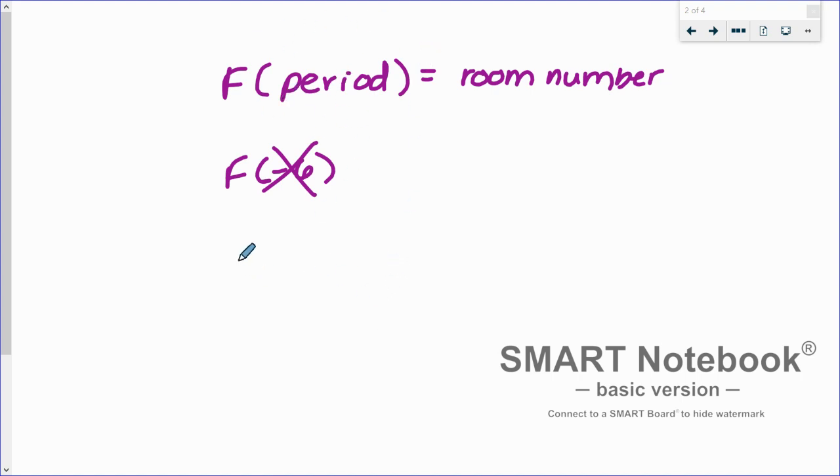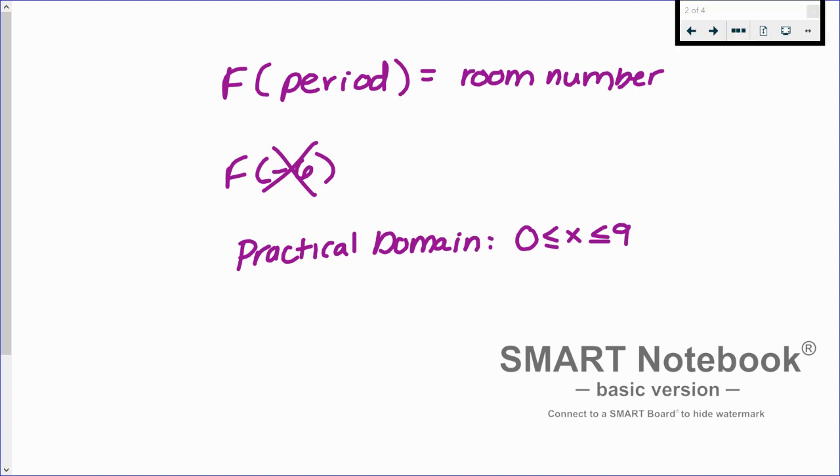So for this, the practical domain would have been only the numbers from 0 to 9. And actually, 0 wouldn't make sense because we don't have a period 0. So really, it only would make sense from 1 to 9.